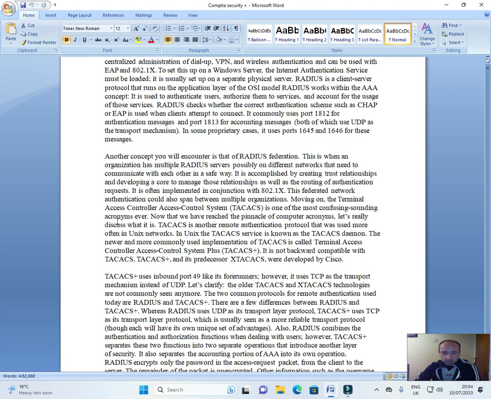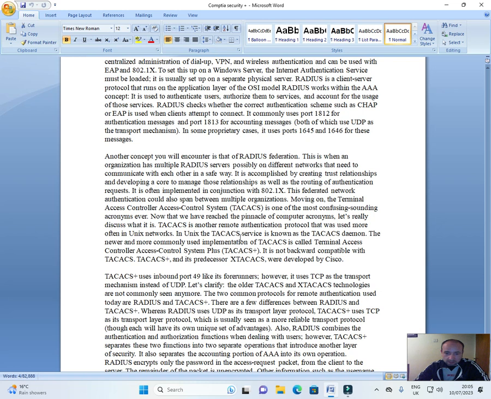Moving on, the Terminal Access Controller Access Control System, TACACS, is one of the most confusing sounding acronyms ever. Now that we have reached the pinnacle of computer acronyms, let's really discuss what it is. TACACS is another remote authentication protocol that was used more often in Unix networks.